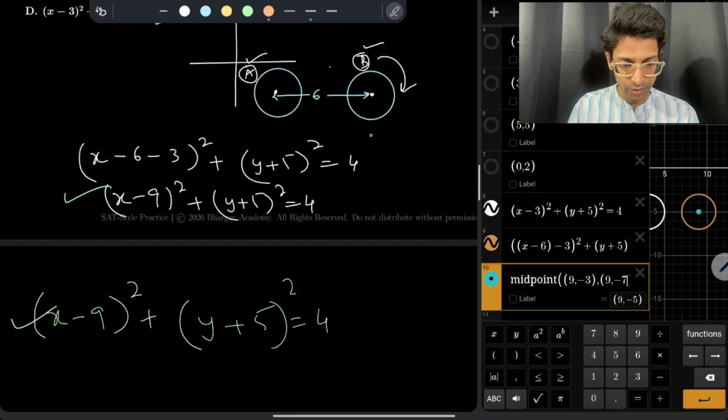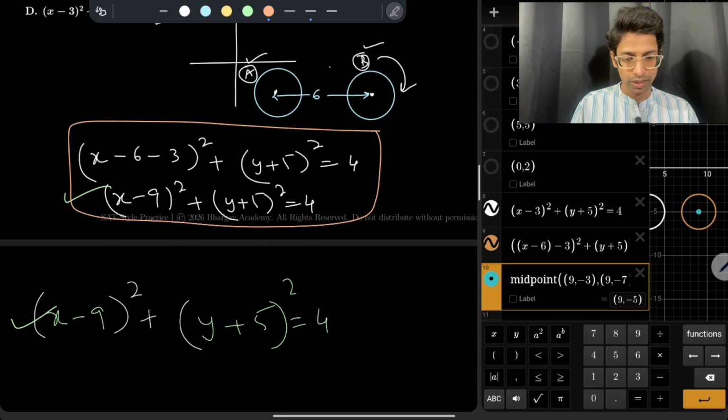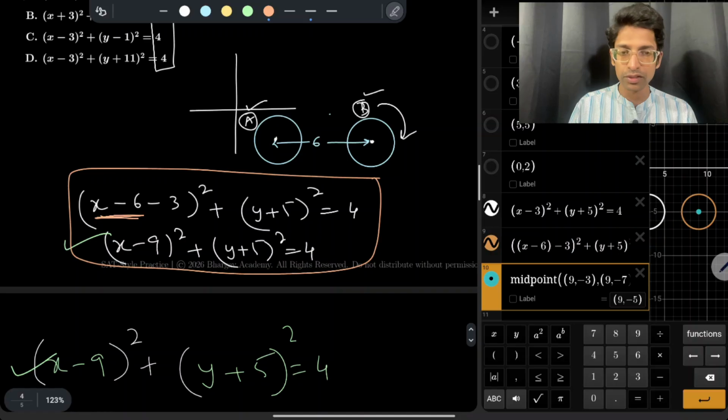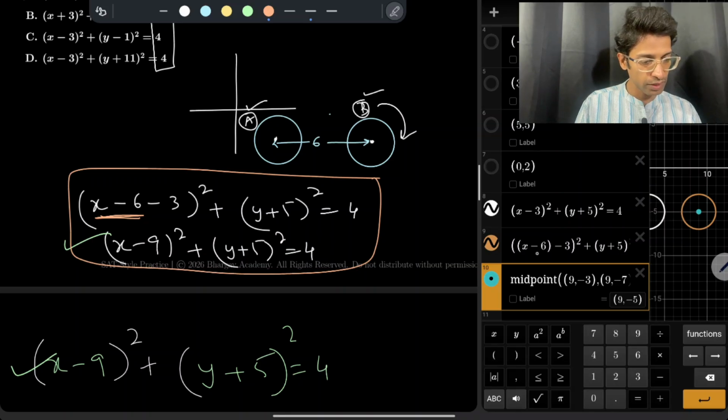This is how you do it algebraically. Shift the x by whatever is the translation. If it is shifting towards the right, you subtract it from the exact value of x, just like we have done here.